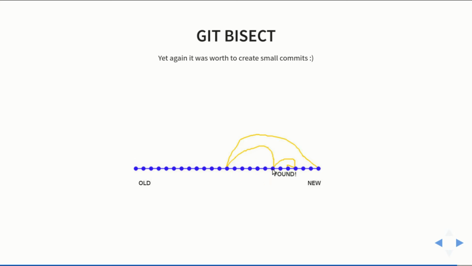If this commit is free from the bug, then Git Bisect knows that the commit which introduced the bug is somewhere in this half of the range. And then the algorithm repeats. So the range is smaller, and it comes to the point when we know that the given commit introduced the bug. As you probably remember, this algorithm is called binary search.